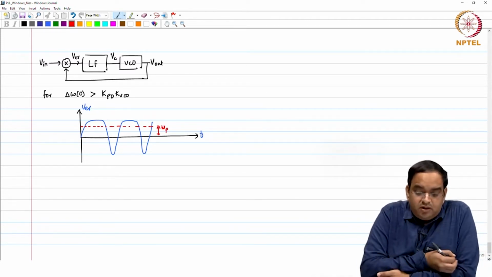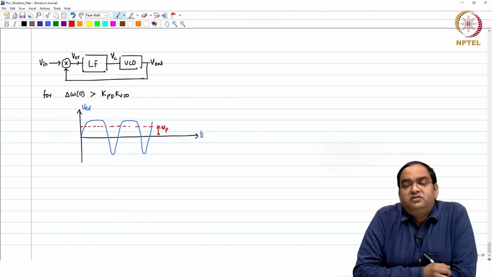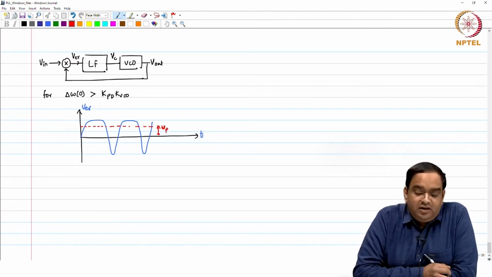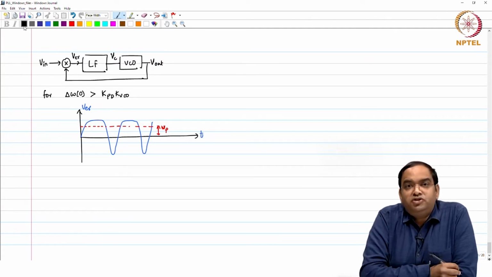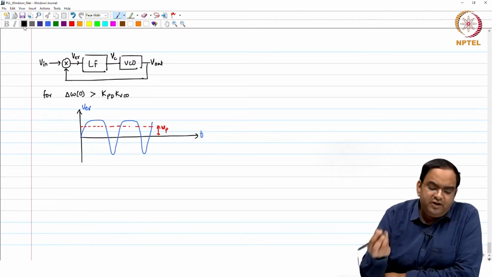Now, the first question which we should ask is, why did the PLL not lock? Well, the PLL did not lock because the control voltage was not as required. You did not have the control voltage as required to lock the frequency.